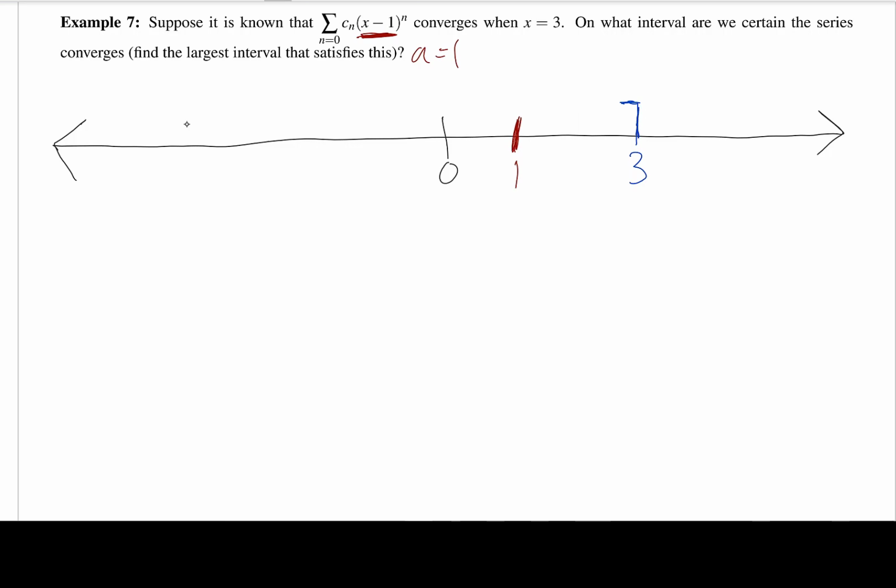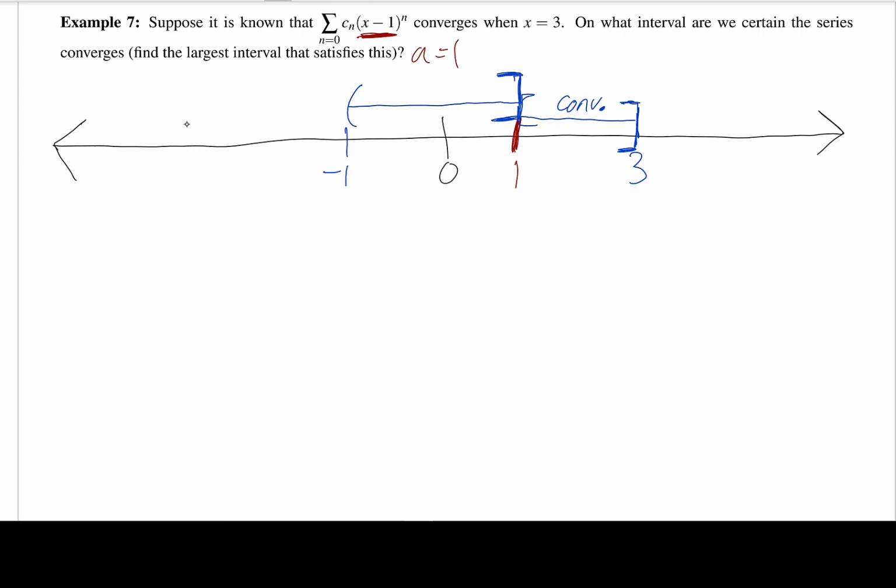So I know that in this area, we converge, which tells me that R has to be at least 2, right? So what I'm going to do is I'm going to go 2 tick marks, or 2 units left of 1. So then I know that from -1 to 1, this thing will also converge.